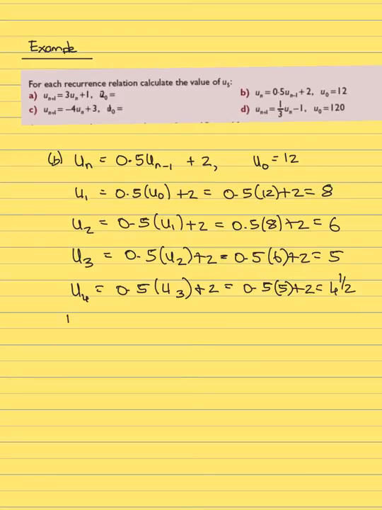And then finally we get to the term we're asked for, u5. And u5 is 0.5 times u4 plus 2. So that's 0.5 times 4.5 plus 2, and that actually gives us 4.25. So our fifth term is 4.25.